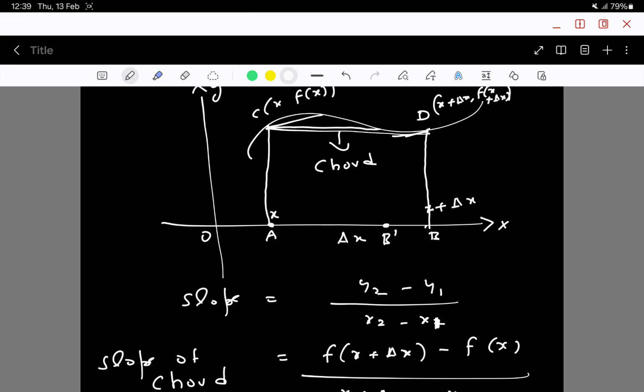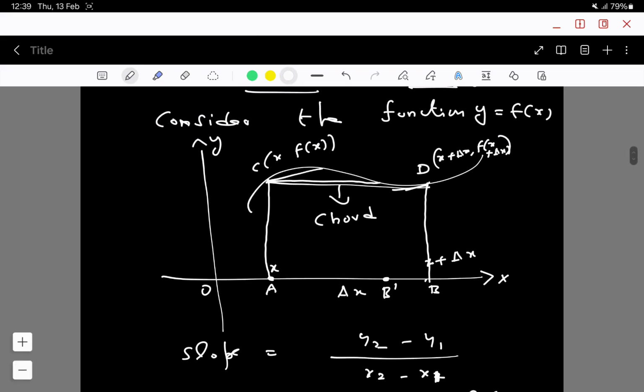So when delta x approaches 0, the chord becomes like this straight line. This line is called a tangent. A tangent means the line that passes through only one point on the curve.